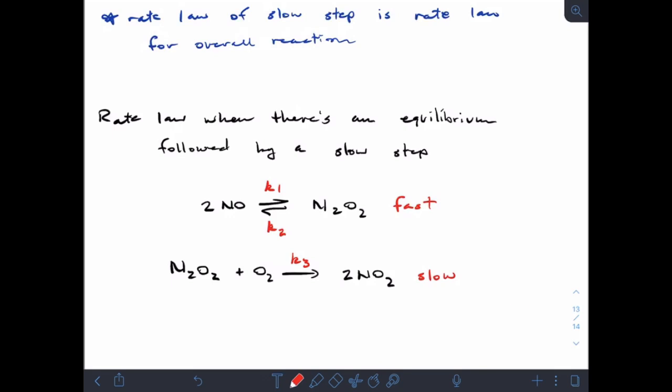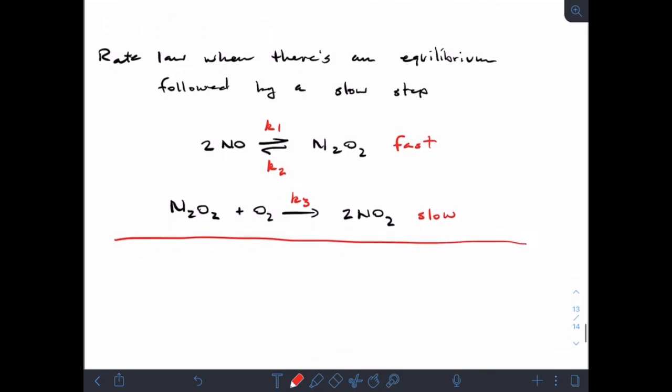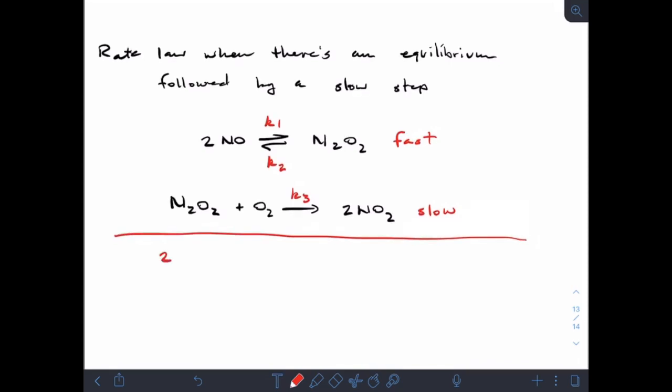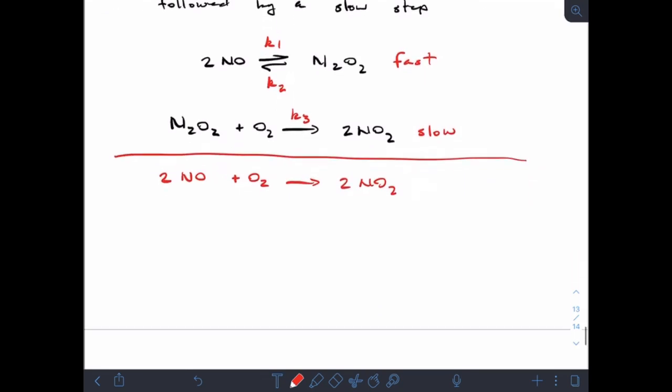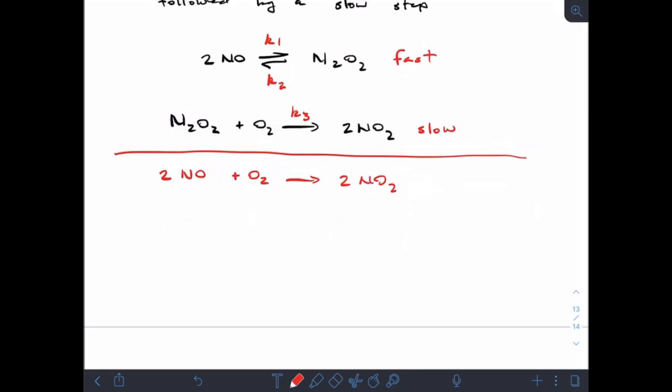So if I combine these reactions, my overall reaction looks like this: 2NO plus O2 gives 2NO2. This is our smog equation, right? So the overall rate law is still the slow step.